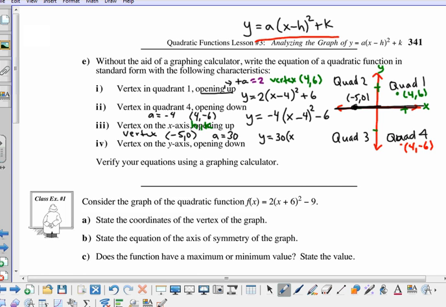X minus a negative 5, plus 5, squared plus, okay, what's our K? 0. Do you have to write plus 0? You don't have to. If you did, that's okay. There you go. Okay, so let's move on.